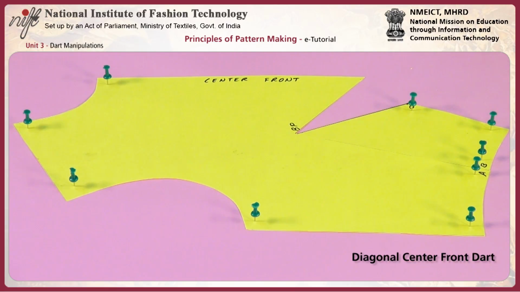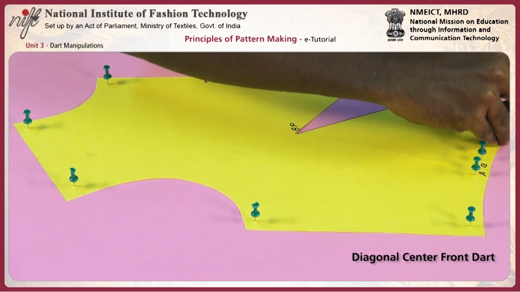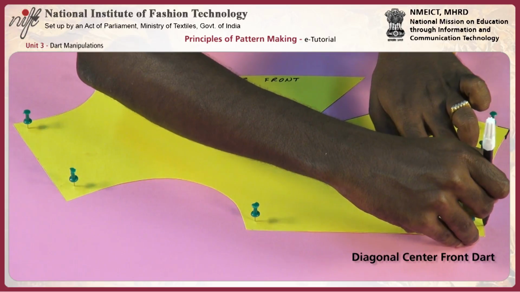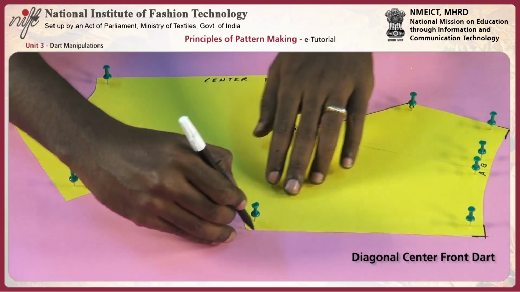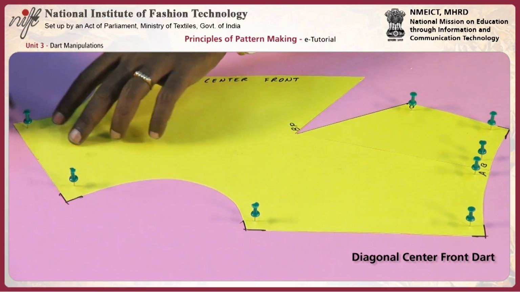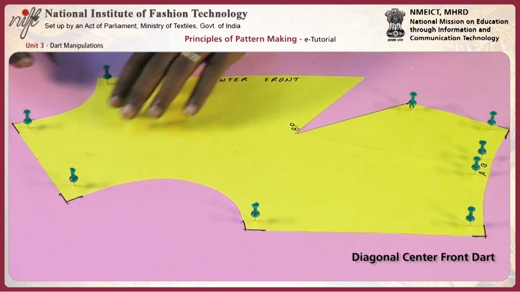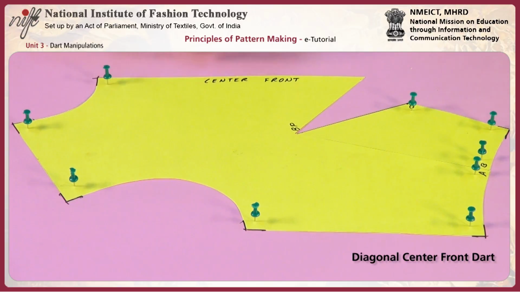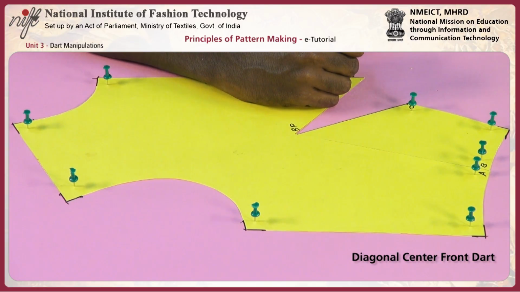Secure the pattern with push pins and trace the pattern. Mark all corners. Mark the dart legs.